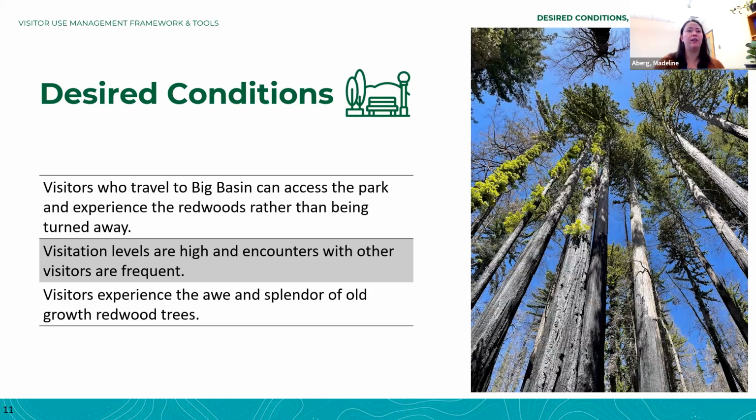So this is a good example of where you might have different desired conditions based on the zone of the park. Very different expectations for visitation levels in the main day use zone compared to in a wilderness or backcountry zone. And then our third example here is that visitors experience the awe and splendor of old growth redwood trees.